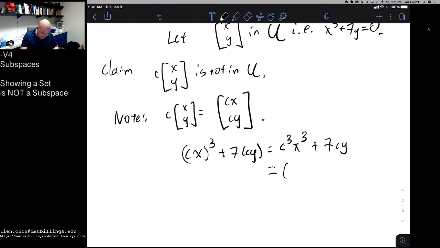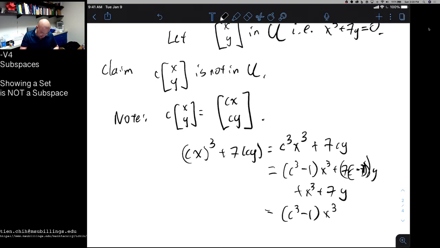We could rewrite this whole mess as (c cubed minus 1) x cubed plus 7(c minus 1) y, plus x cubed plus 7y, which gives us (c cubed minus 1) x cubed plus 7(c minus 1) y remaining.